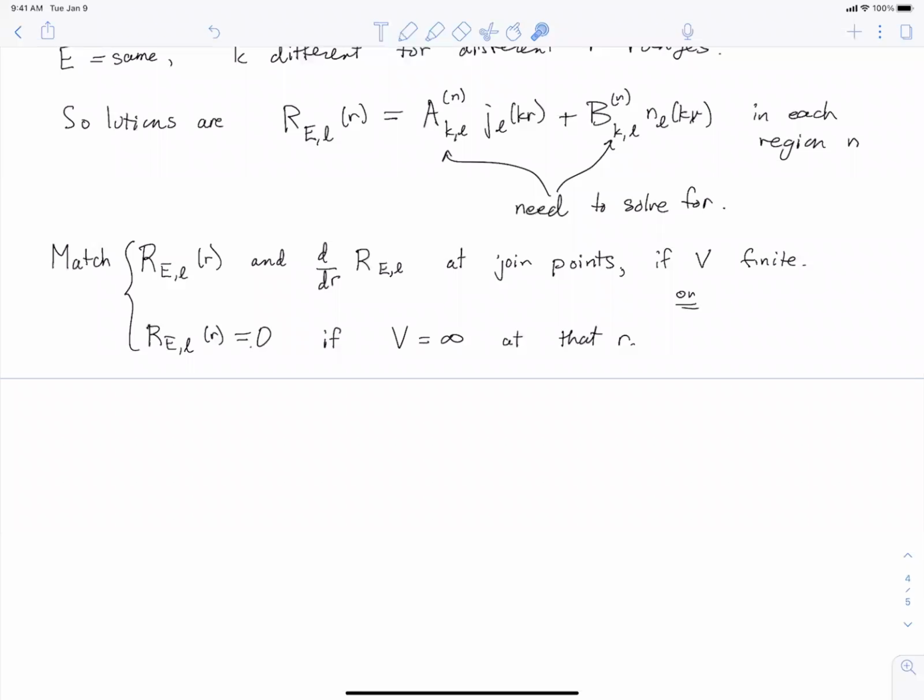Yeah, they're usually found in different texts on mathematical physics or just on math. One that's very popular is by Arfken and Weber. But there are lots of books on math and mathematical physics that go into great detail on spherical Bessel functions.